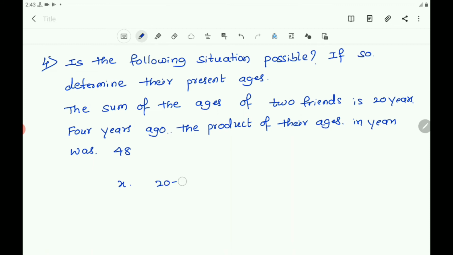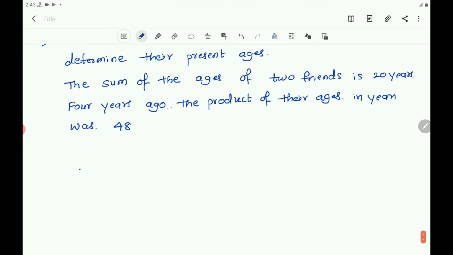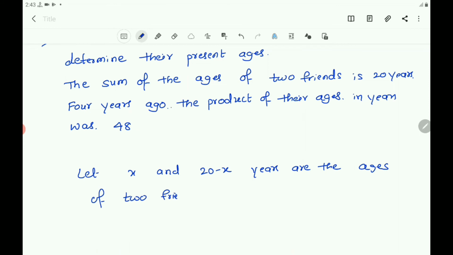So let us take here, let x and 20 minus x years are the ages of two friends. As the sum of their age is 20, now let us take x and 20 minus x are the ages.